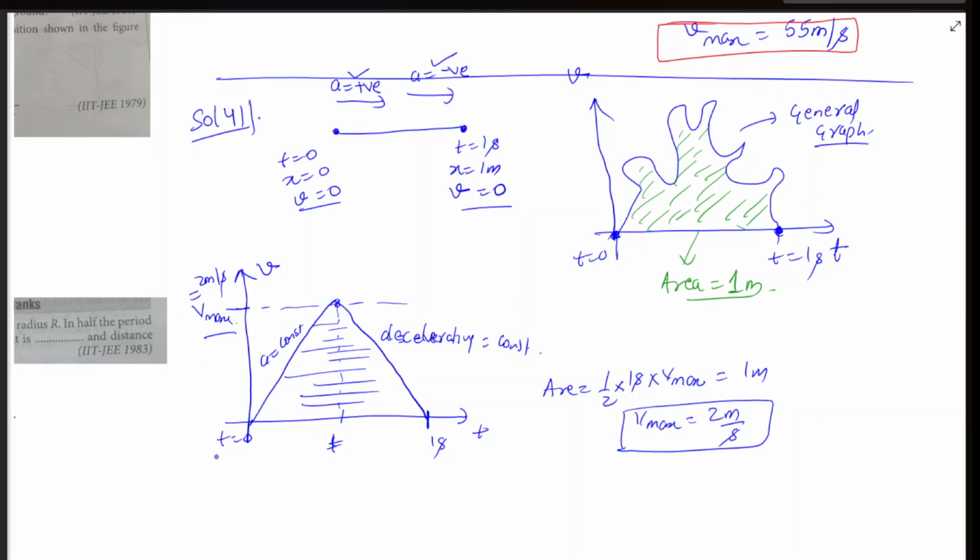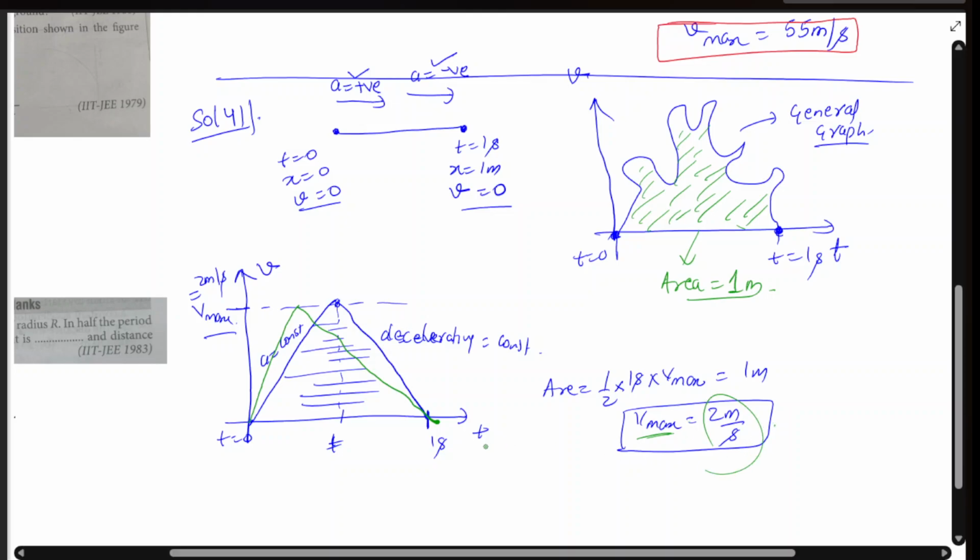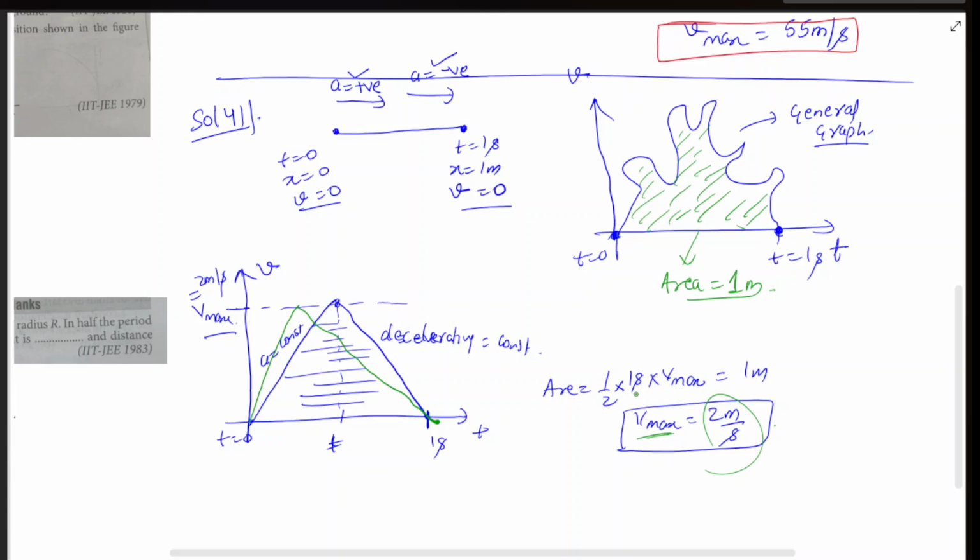Now, I can make another situation where the particle is initially going with more acceleration and then starts decelerating and goes like this. No matter what, in this situation Vmax will always turn out to be 2 meters per second. Why? The base is 1 second, and the height should always be Vmax.